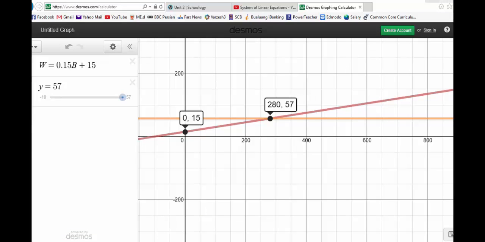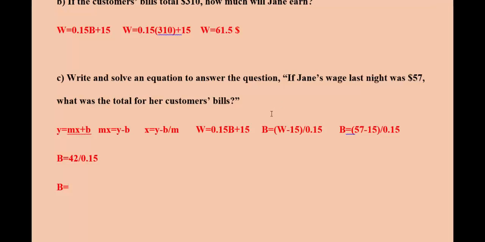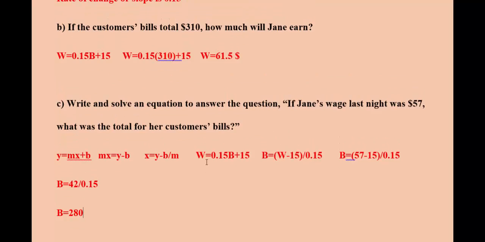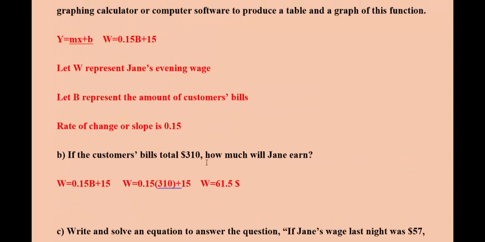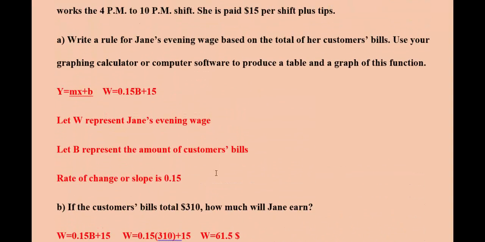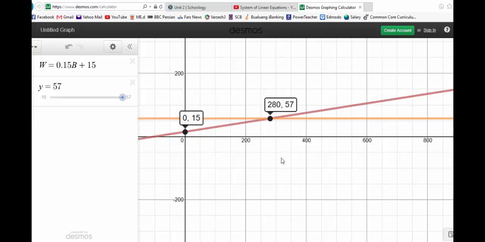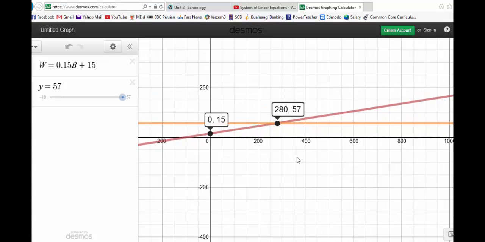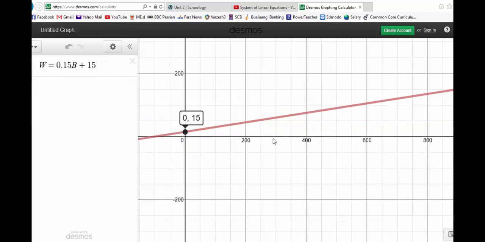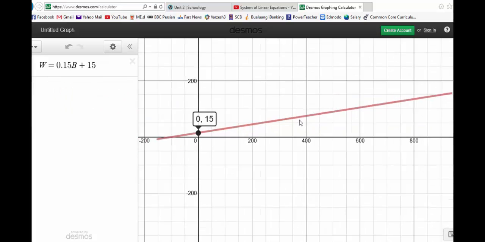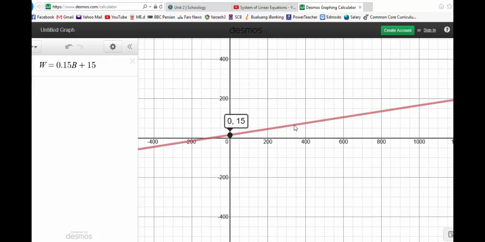You can see the total amount of b, 280. So that's how we can apply linear functions in real life, and we can use a graph to answer that much faster. We can see the trend, and we can see the rate of change much better. Thank you.